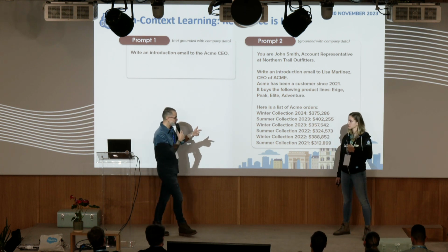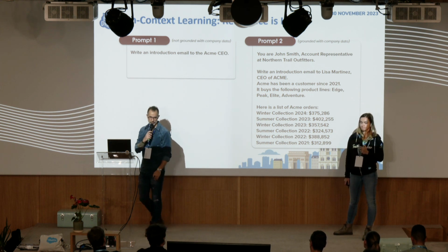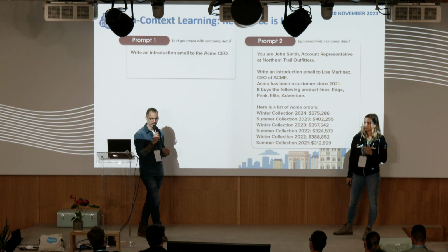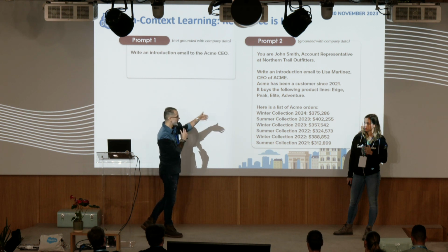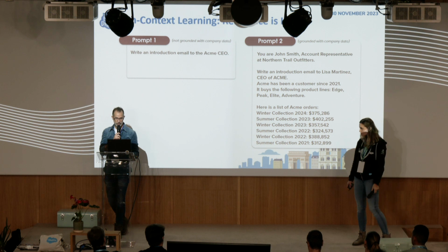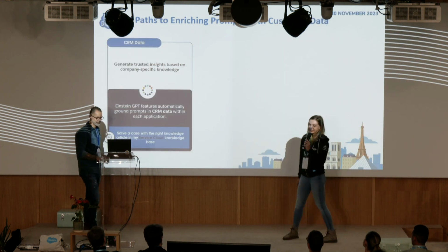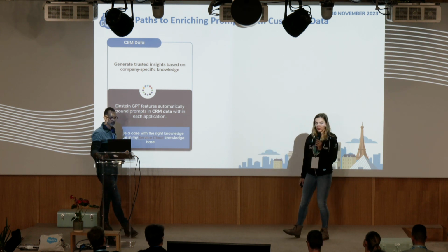But we cannot expect the user to put all this information every time. Time consuming. So this is also why Einstein Trust Layer will give you the prompt builder, and the prompt builder will automatically add data. But where are the data? So there are 3 paths to enrich your prompts with customer data.